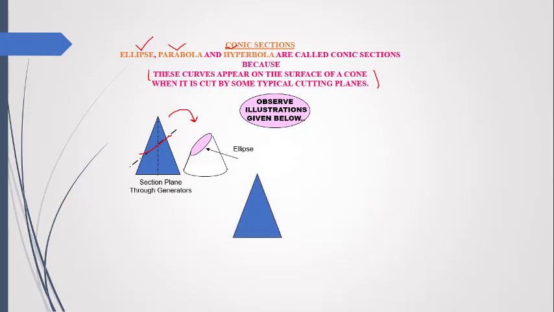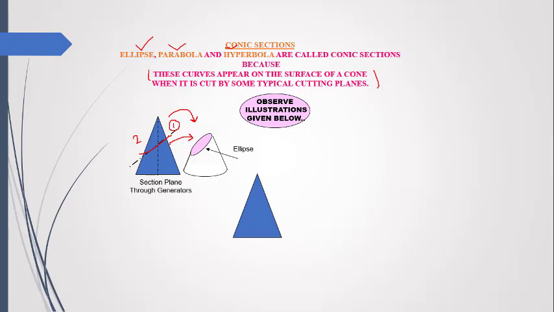Here you can see that an ellipse has been formed. This one is known as generator 1 and this second one is known as generator 2. The sides of the cone are known as generators. So here the line is passing through both of the generators, and by cutting the cone we receive this kind of shape, and this is known as an ellipse.